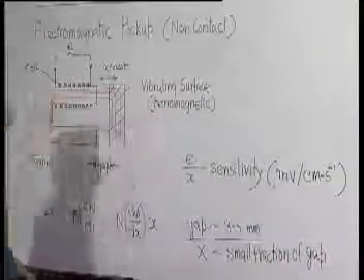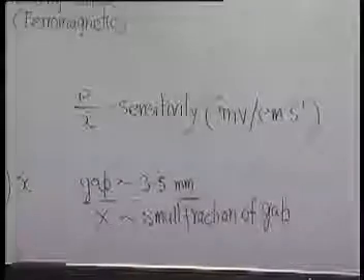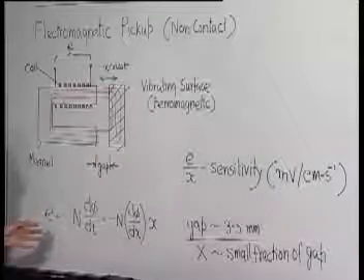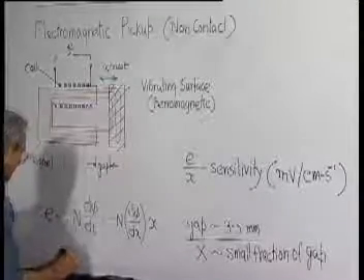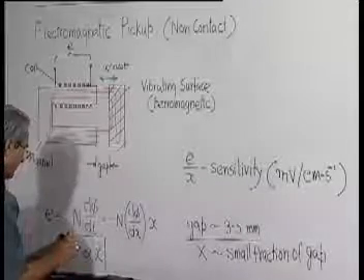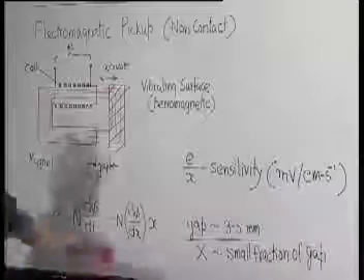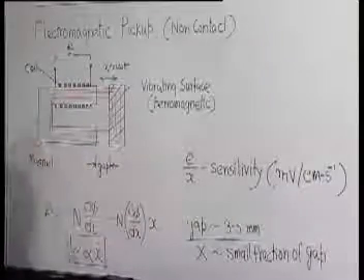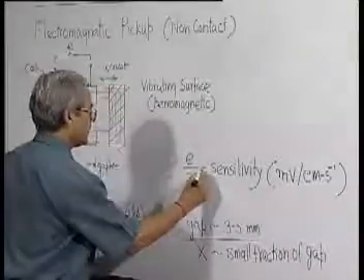In that case this remains fairly constant and the voltage E becomes proportional to x dot. This ratio is considered to be the sensitivity of the pickup.